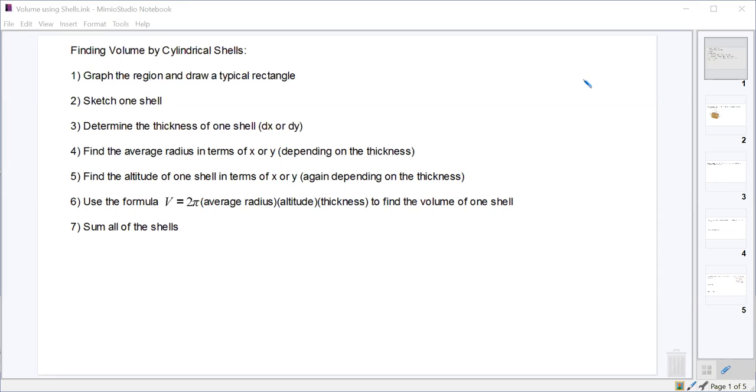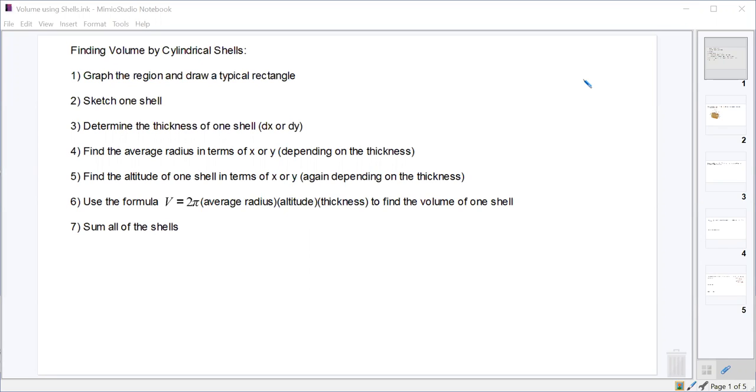What we're going to do is find the volume of each of these hollow shells and then sum those together. Instead of finding the volume of a little disc or a little washer, we're going to find the volume of the shell and add them all together. The thickness is going to be infinitesimally thin.